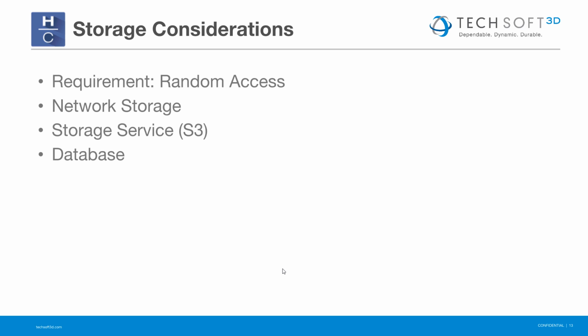Using the SCZ, since it's only one file, storing it in the storage service or the database is a little more convenient, because we can easily get it out. So that's a sort of overview of the different storage considerations that we're going to need to consider before we decide on how we're going to deploy Communicator.